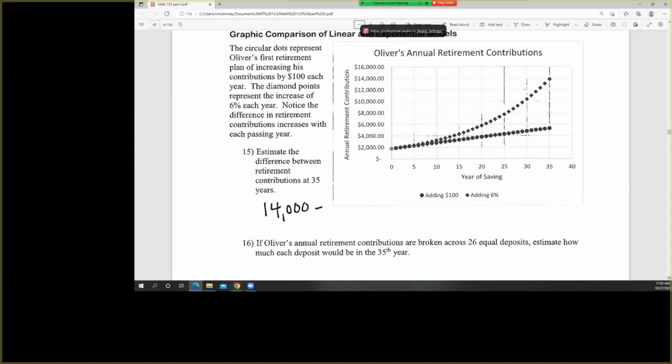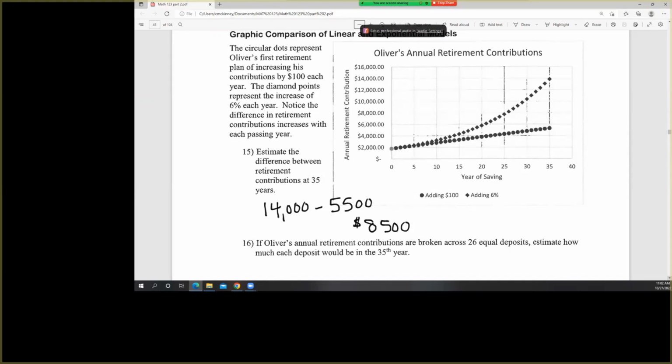And if we are using just the linear rule, maybe 5,500 is the estimate. So about $8,500 difference just in that 1 year of how much he would be saving.